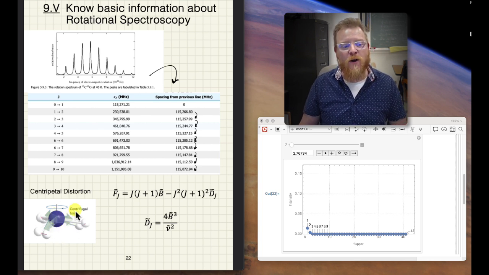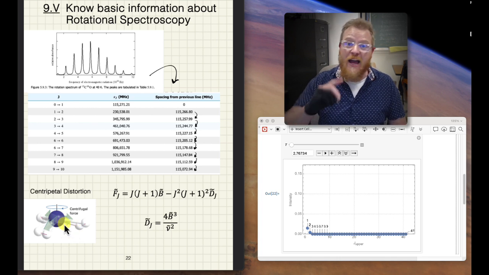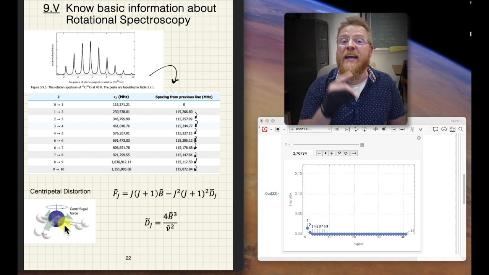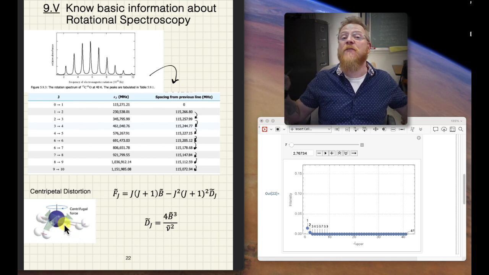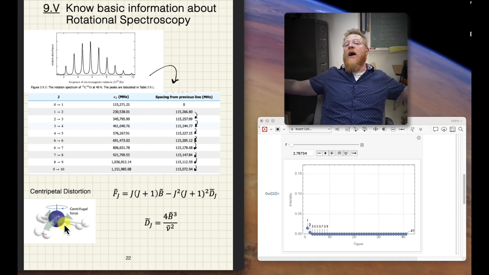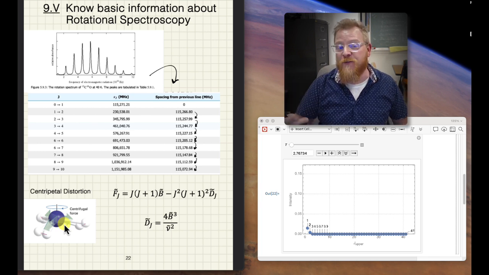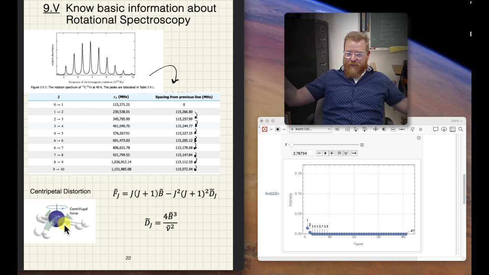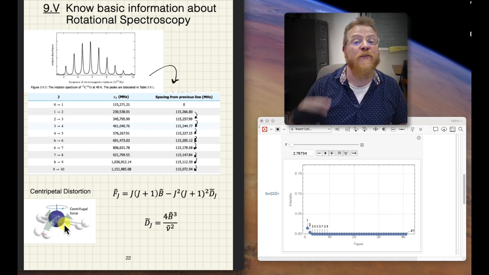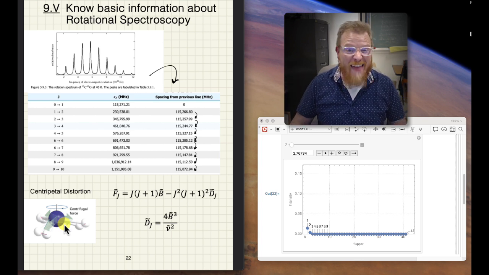So that's what we call centripetal distortion. In other words, as our molecule is rotating around, it will have the effect of elongating the bonds as it rotates around faster and compressing the bonds as it rotates slower. And that will affect the energy levels.